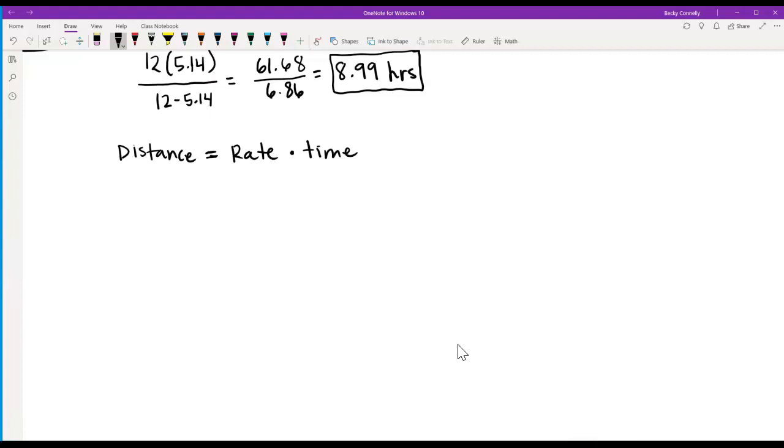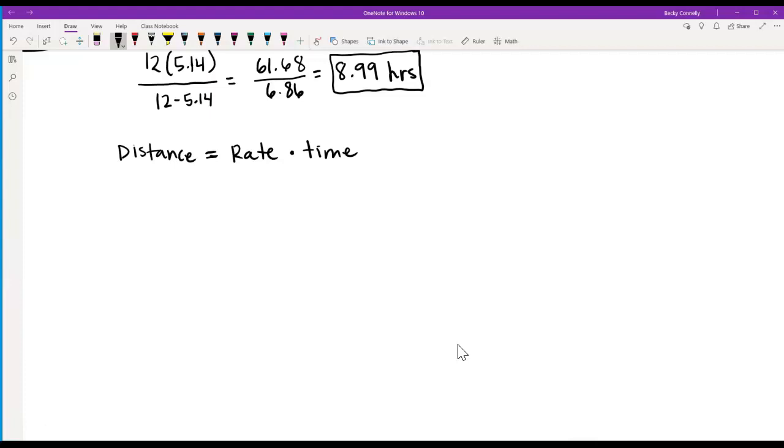But we have to remember this relationship, because sometimes we're going to be asked to find the distance, sometimes the rate or part of the rate, and sometimes we'll be asked to figure out what the time is. So we've got to understand what we need to do in order to figure that out.